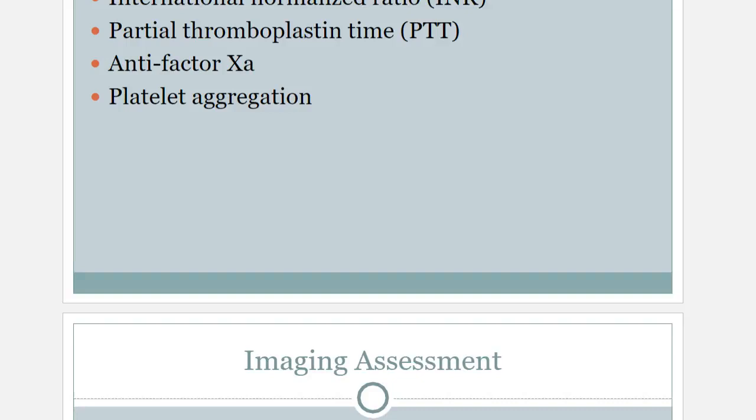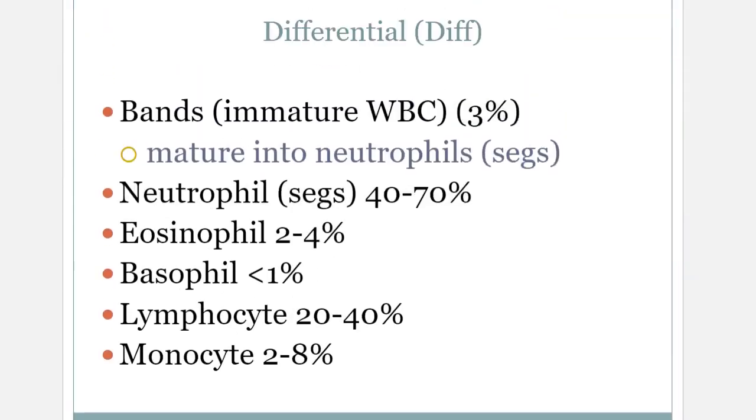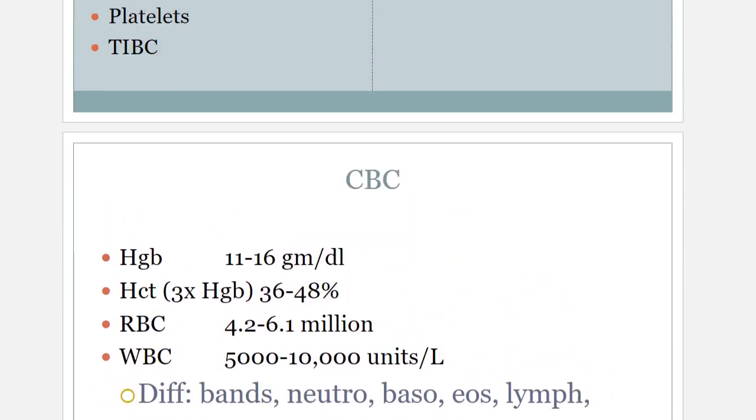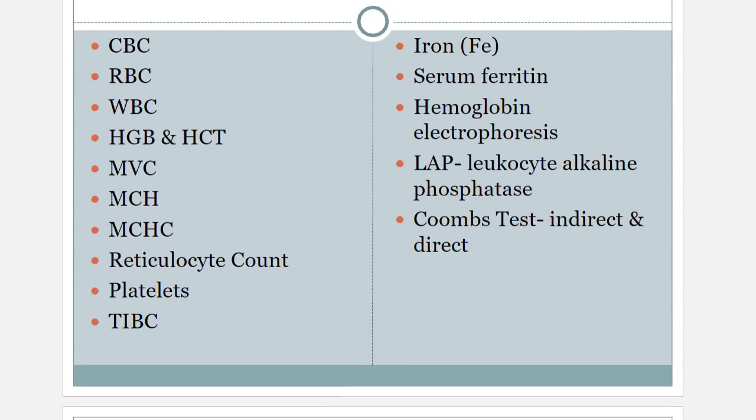So let's also, sorry, I went too fast on the slides. I apologize. Let's go over these terms and look at the CBC and determine what all those lab values mean with that test, and how we as nurses interpret that information.